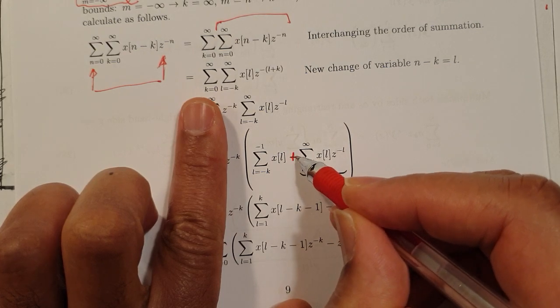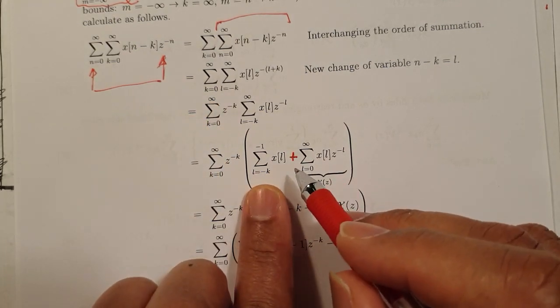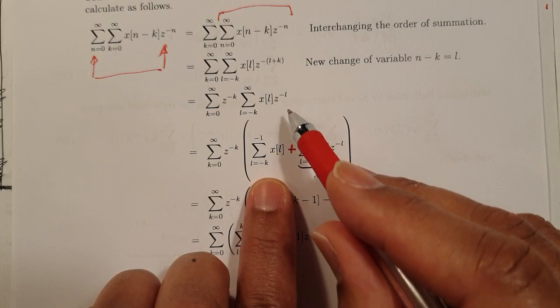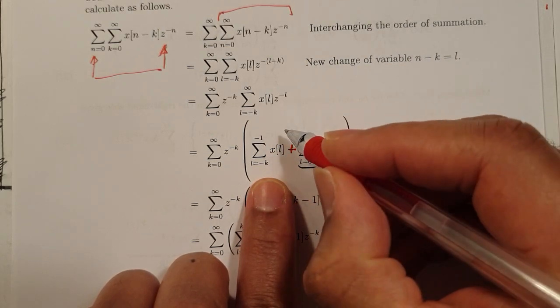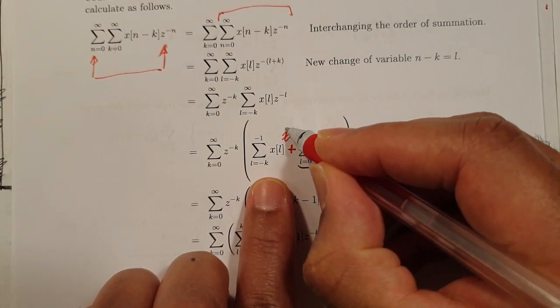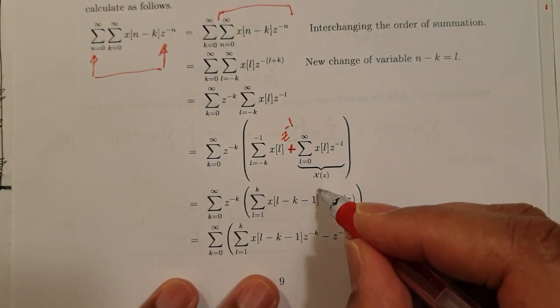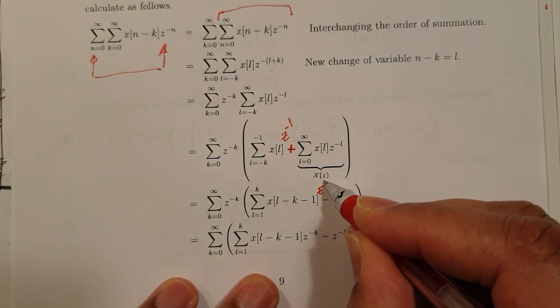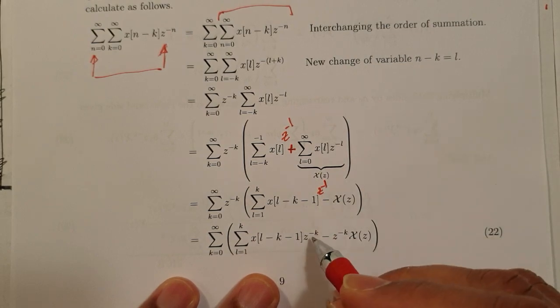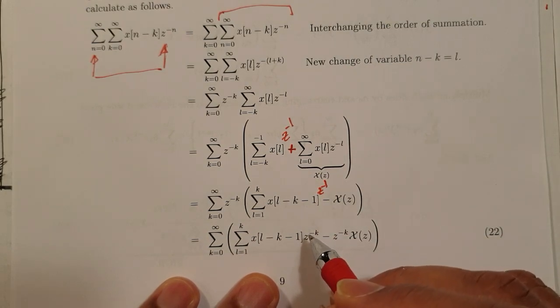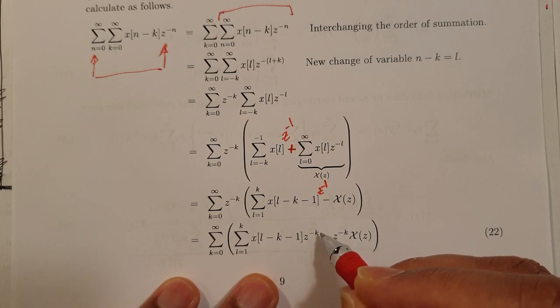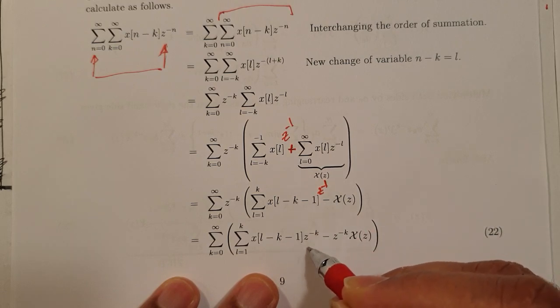Actually this is plus, and here I also forgot that I had a z to the minus L here. I will fix this and update it, so I have a z to the minus L here, and at the end I would have minus k plus L here. This must change as well.